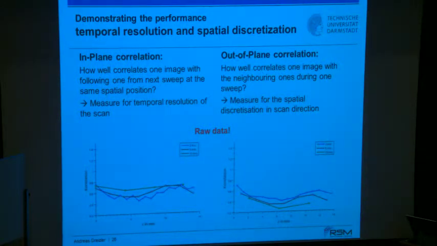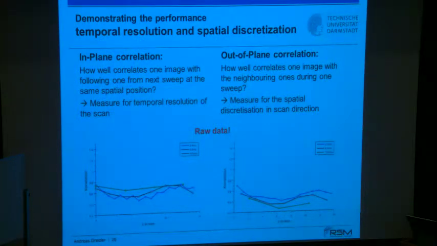And as expected, at 2 kilohertz you have a higher discretization, and that is the driving factor, such that higher discretization gives higher correlation values. With 10 kilohertz, of course, it is reduced down to something like 0.1, which is not very good. That is clearly an indication that the out-of-plane resolution is rather coarse.